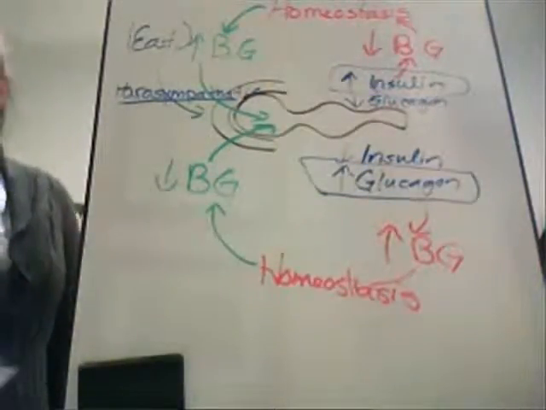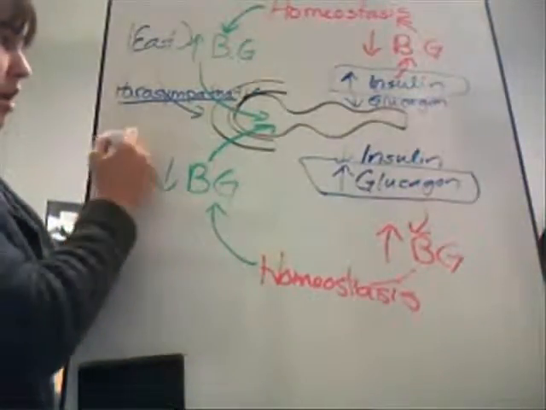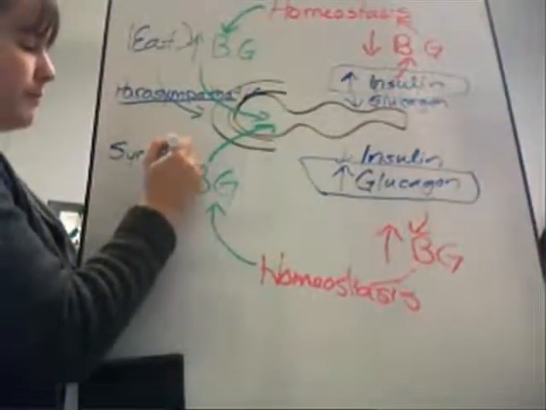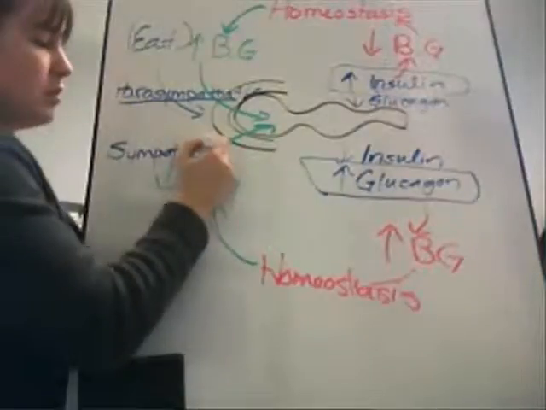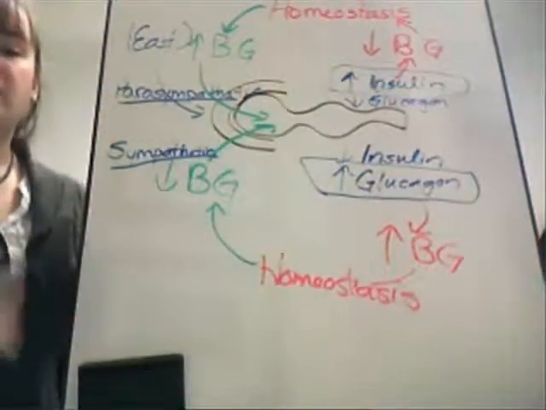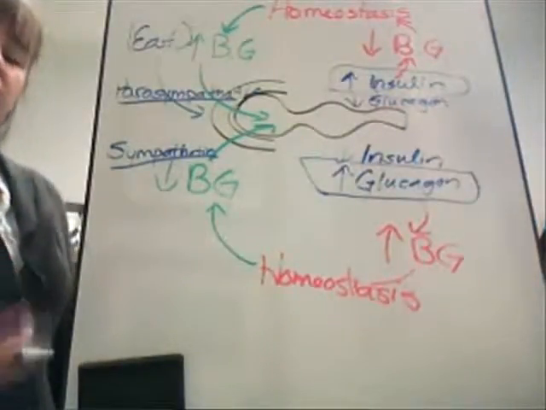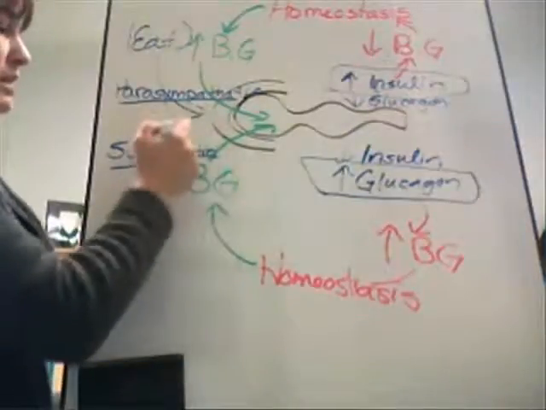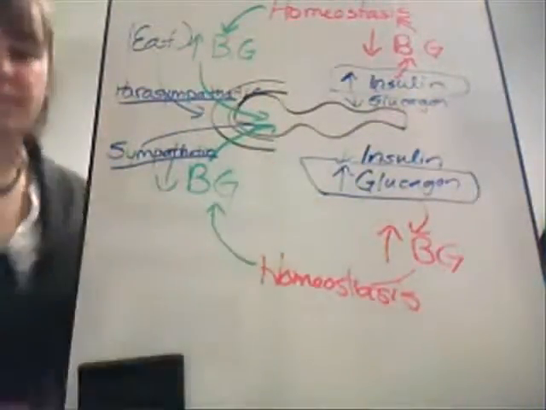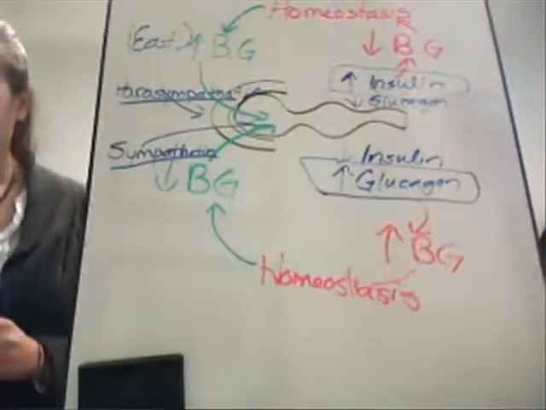On the flip side, we also can see that sympathetic stimulation can cause the release of our glucagon. So during sympathetic activity, we have an increased demand of the tissues for energy to help us with the fight or flight response, and so that sympathetic stimulation can also cause the pancreas to release the glucagon to help elevate the amounts of circulating blood glucose.